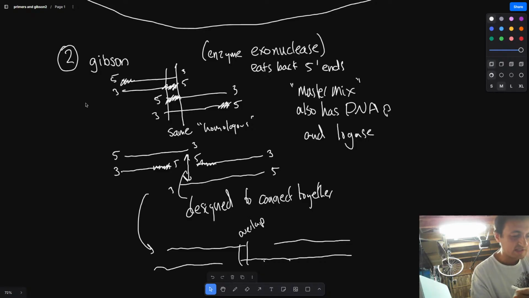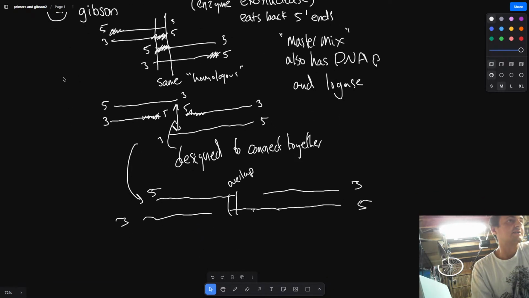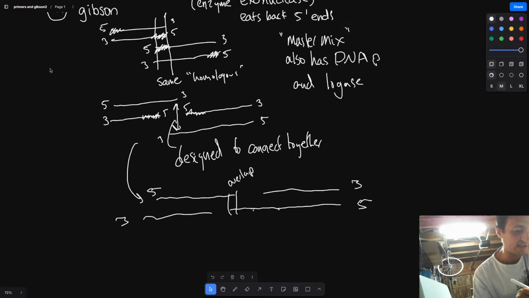So then what happens is, if this is a 5, this is a 3, 5, 3. You always got to keep track of the directions. Well, what's going to happen is DNAP is going to come on here and add up all these until there's a nick. So there's still going to be a nick at the end. And same here. It's going to add in all this, but there's still going to be a nick.